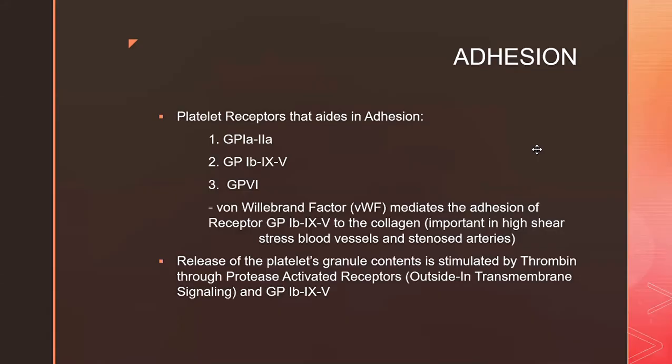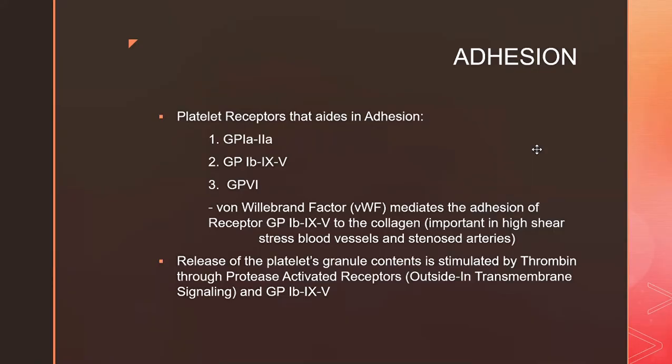Okay? It is important in high shear stress blood vessels and stenosis. The platelet granules content is stimulated by the thrombin through the PARs. PARs or your protease activated receptors are also receptors in your platelets that bind to your thrombin to mediate the second reaction, the release reaction.